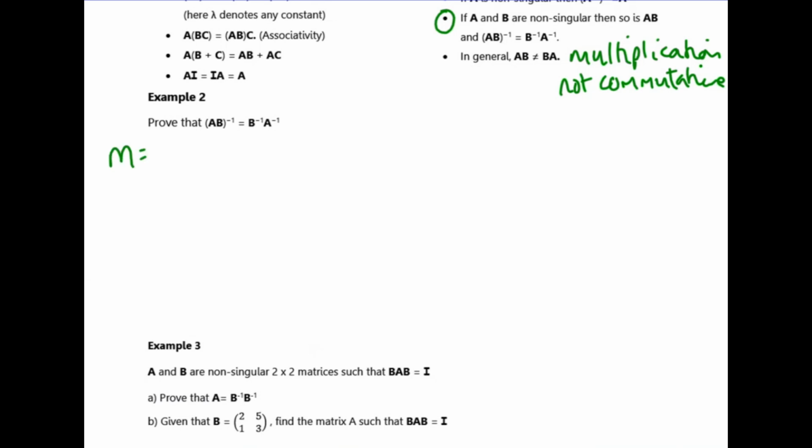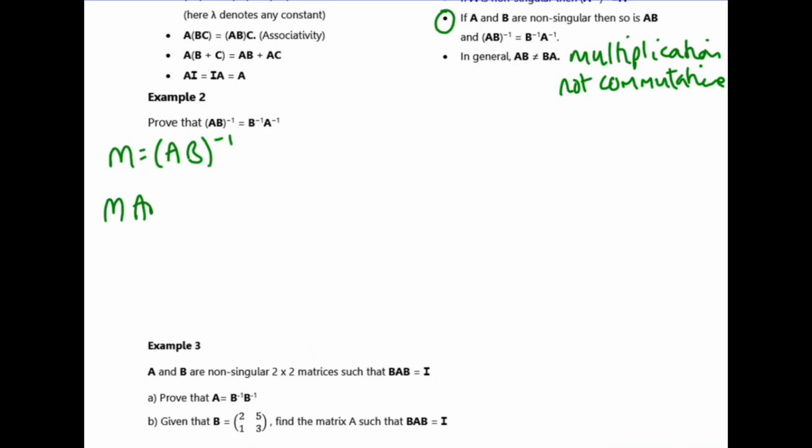So I'm going to start on one side of this, doesn't really matter. I'm going to start on the left-hand side and say M equals (AB) to the minus 1. I want to get rid of this minus 1, so what I'm going to do is multiply by AB on both sides. It doesn't matter whether you do it on the right or the left, but what does matter is that you're consistent with this. So I'm going to multiply on the right.